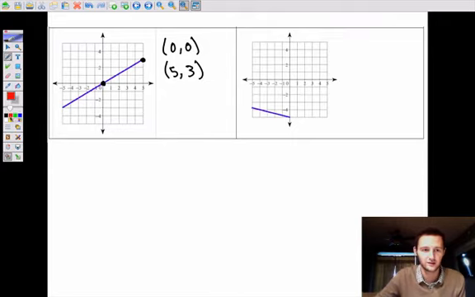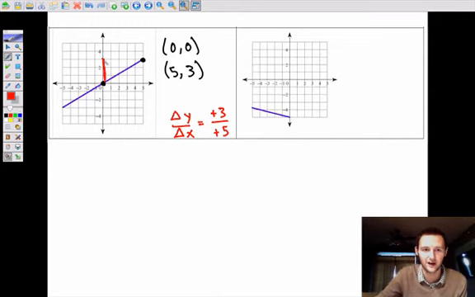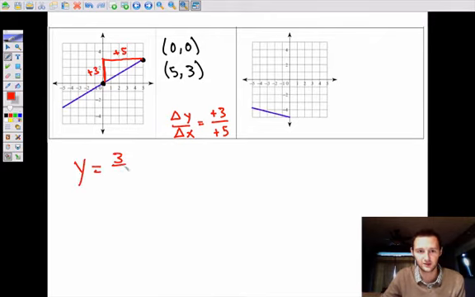If I do the change in y over change in x to find slope, y is going up by 3 and x is going up by 5. I can verify that the slope is 3 over 5. If I draw these in, this is going up 3, that's going to the right 5. So the slope is 3/5.